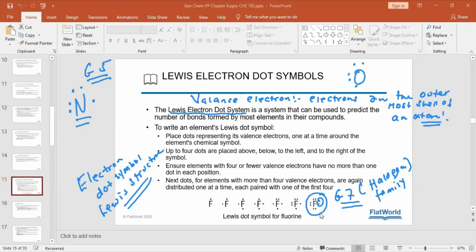It's six because it's in group six. So the valence electron count for oxygen is six. That tells you the group, it tells you the number of valence electrons, and we put six dots here to represent the Lewis structure.